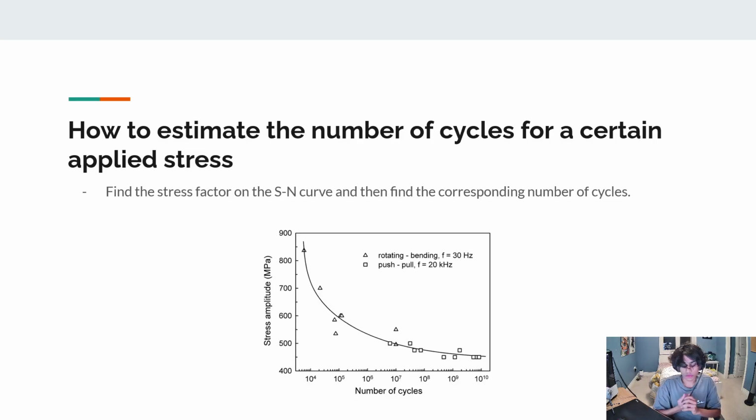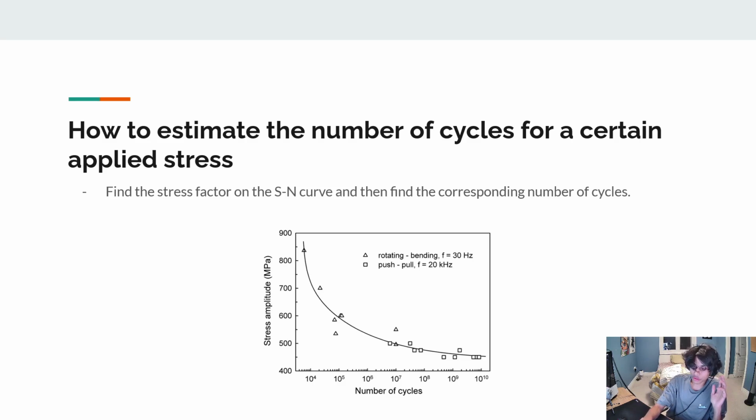So next up, we're going to see how we can estimate the number of cycles for a certain applied stress. Finding the number of cycles on the S-N curve is actually pretty easy. You're basically going to find the stress factor you're looking for. So let's say I want to know how many cycles I'm going to expect at 600 MPa according to this table, or my graph.